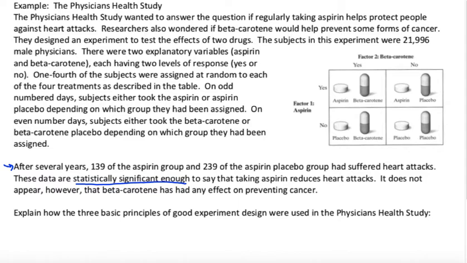So this is a big study, and this was something that was done so that they could justify recommending aspirin or the beta carotene. So it says, explain how the 3 basic principles of good experimental design were used in the Physicians' Health Study. So how did they address control, random, and replication? So for control, they used like subjects.